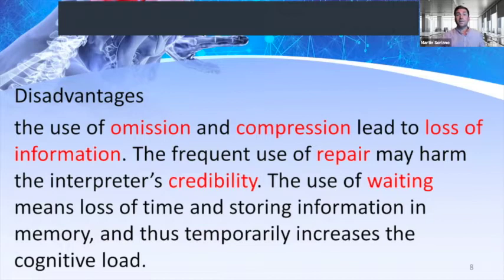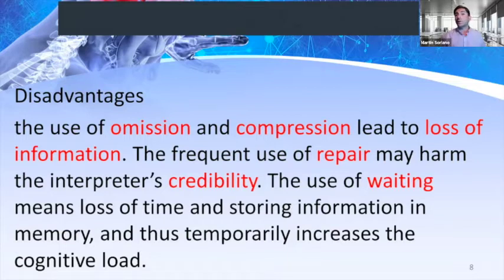Now, there are disadvantages. The use of strategies may result in potential information loss, credibility loss on the part of the audience, and time and processing capacity costs, as is widely discussed in research done over the last years. For example, the use of omission and compression may lead to loss of information.